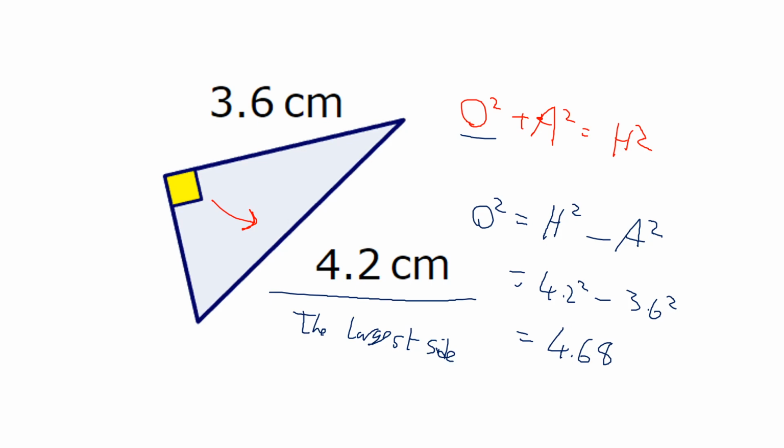We then take the square root of that, so our answer will be equal to the square root of 4.68, which will just equal 2.16, or 2.2 to 1 decimal place.